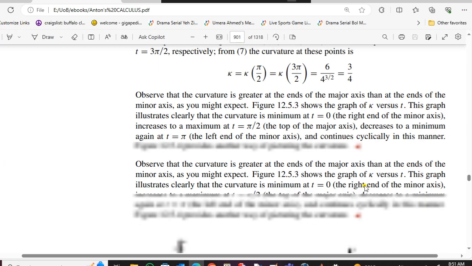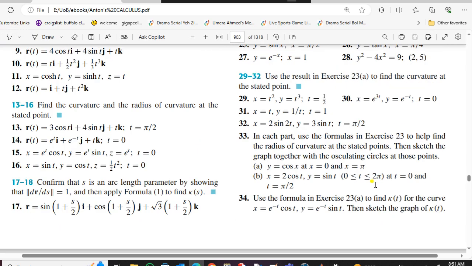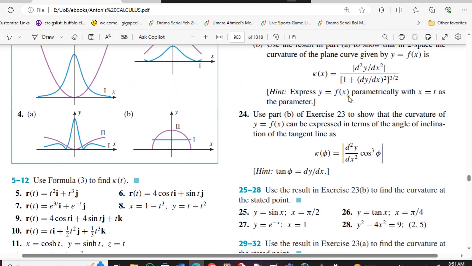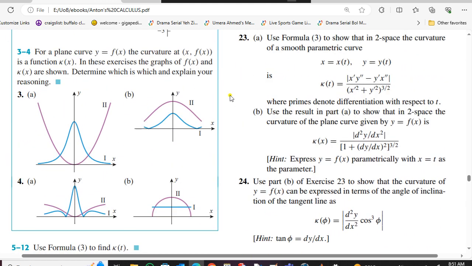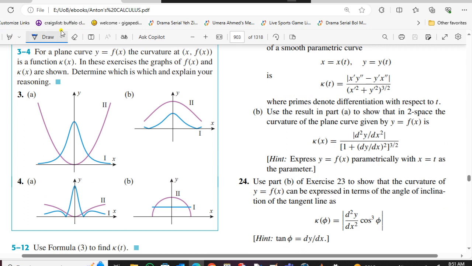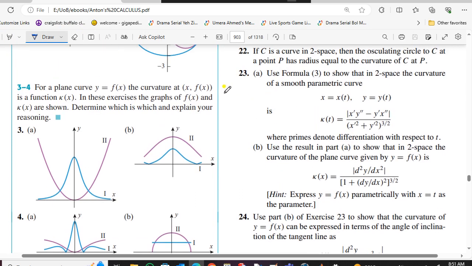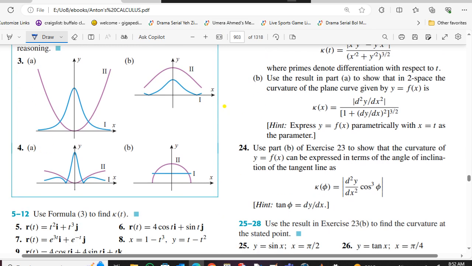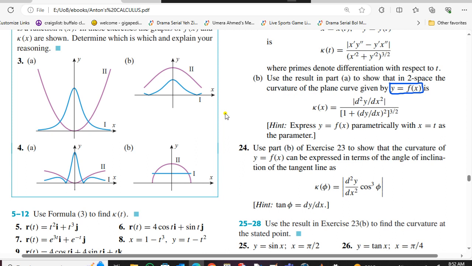Let's say in this exercise, they may have given you the regular formula. Use the result in exercise 23b. So you see here, they said if we have a simple 2D curve where y is given as f of x, which is what I'm doing, then the curvature is given by d2y by dx squared.